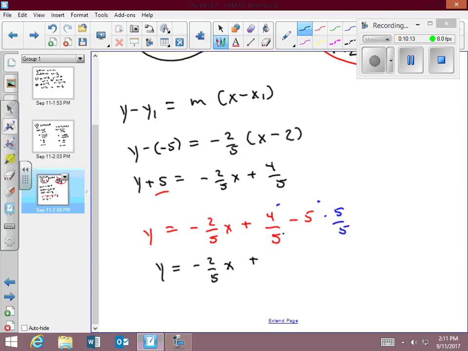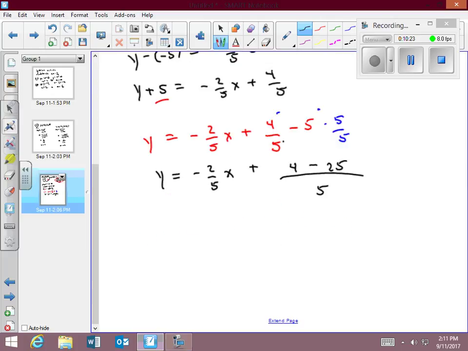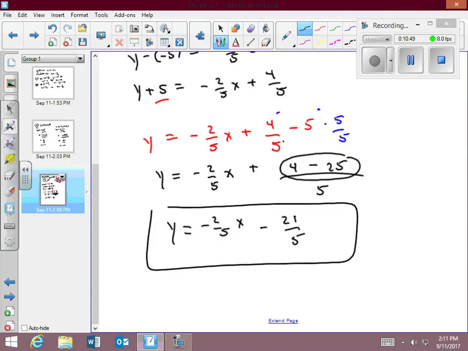And now we got a common denominator of 5. We bring the 4 down, minus 5 times 5 is 25, right? Now notice this numerator is 4 minus 25. So what's in the numerator? Minus 21, right? So this is going to be a negative 21 over 5. And there's my equation, my line.